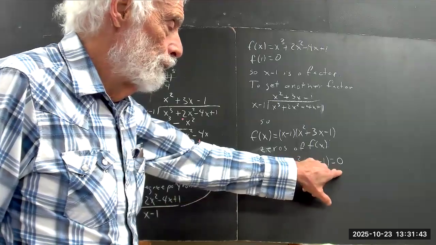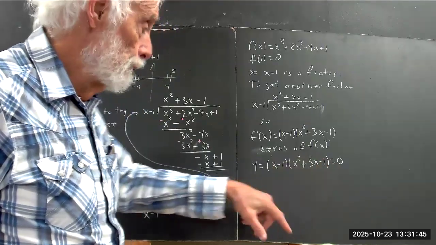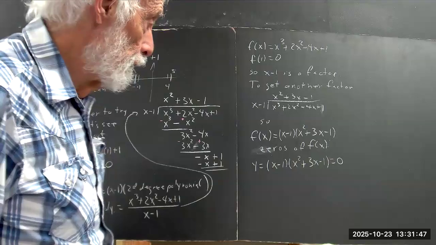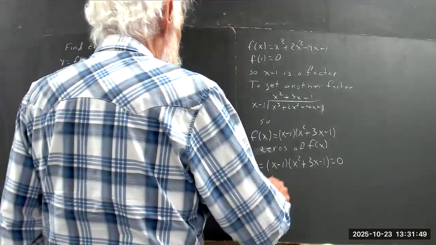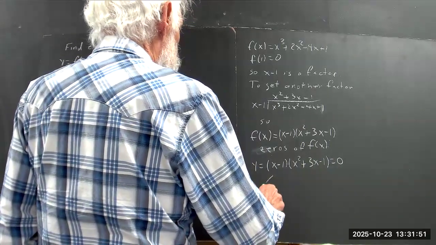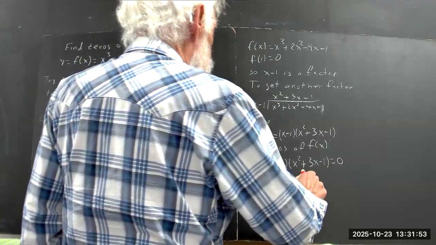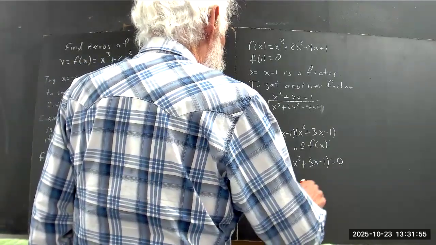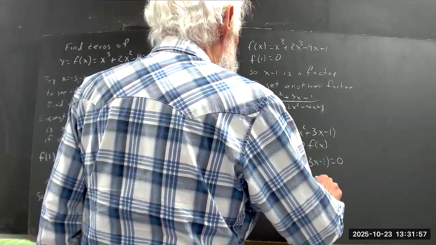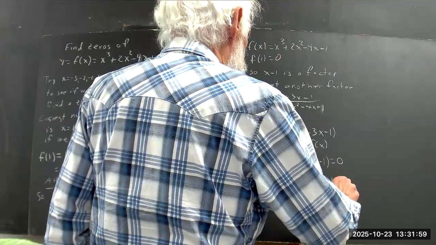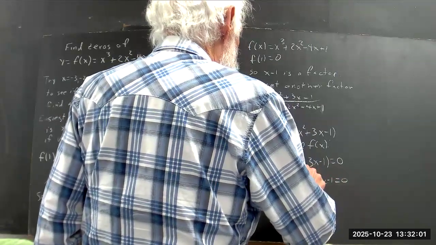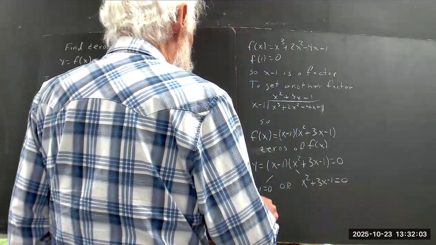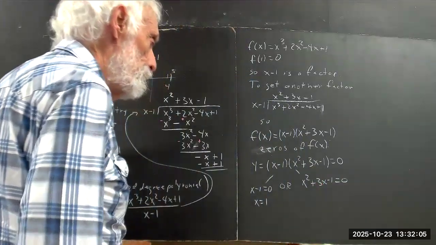And if we want to find a zero, that's where y equals 0. So we get this equation here, which gives us x minus 1 equals 0, or x squared plus 3x minus 1 equals 0. Well, this one has solution x equals 1.